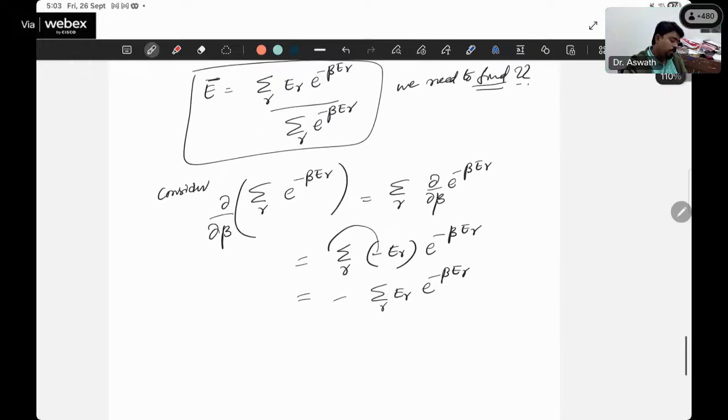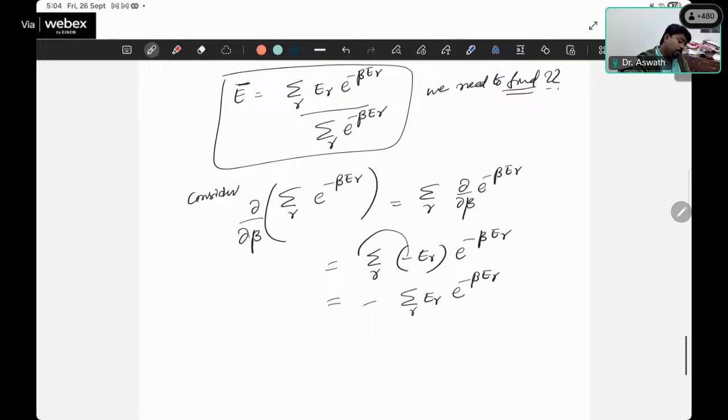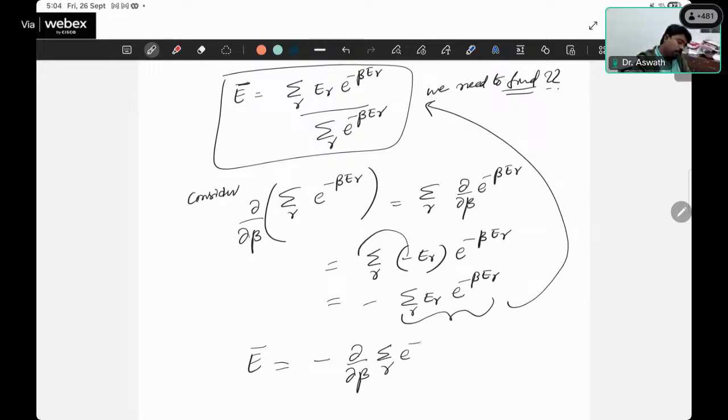Now if you carefully see, this is the quantity existing in the numerator. So I can write the E mean value as minus of the derivative of the summation of exponential minus beta ER. You will see why I have done this trick.